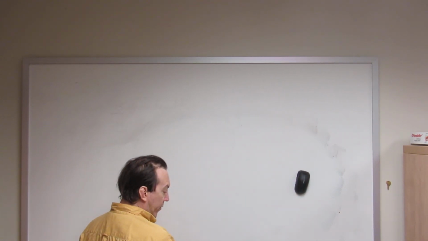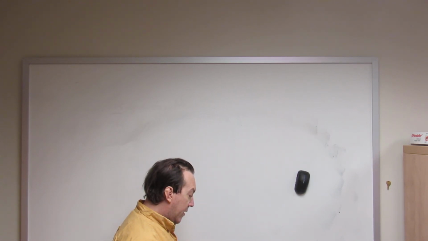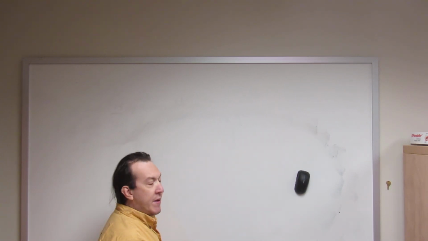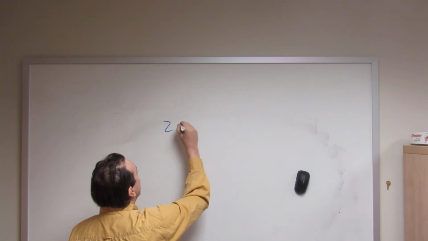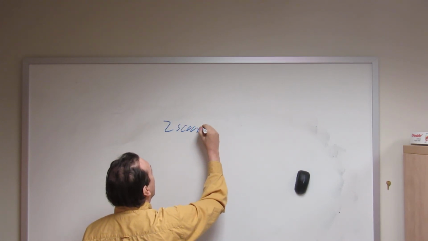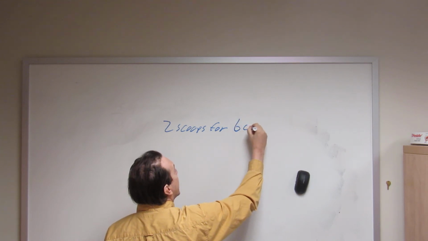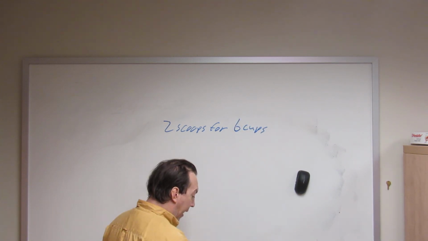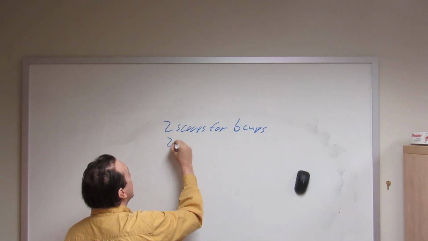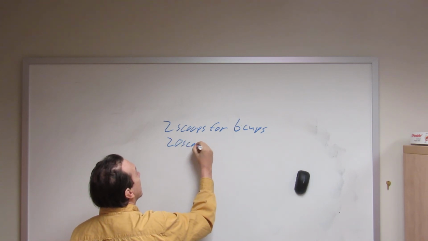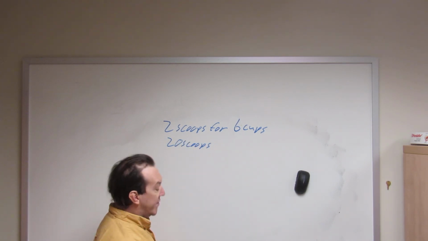Then let's say that we're going to make some kind of recipe where it says that we need 2 scoops for 6 cups, and we have 20 scoops. How many cups can we make?